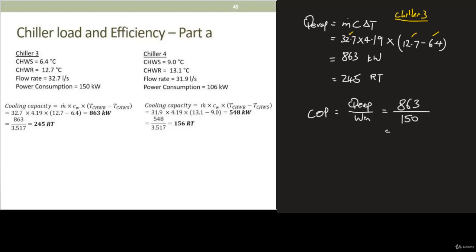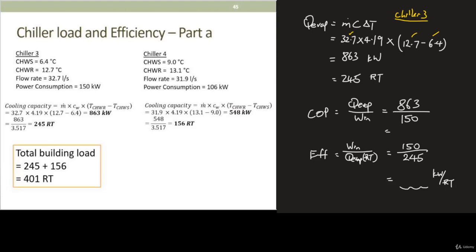But if you want to get your efficiency in kilowatt per ton, you will take power input and divide by Q evap in terms of RT. So you will take 150, divide by, not 863, but instead 245. Then you will get your answer in kilowatt per ton. So that is the method that you are going to use.